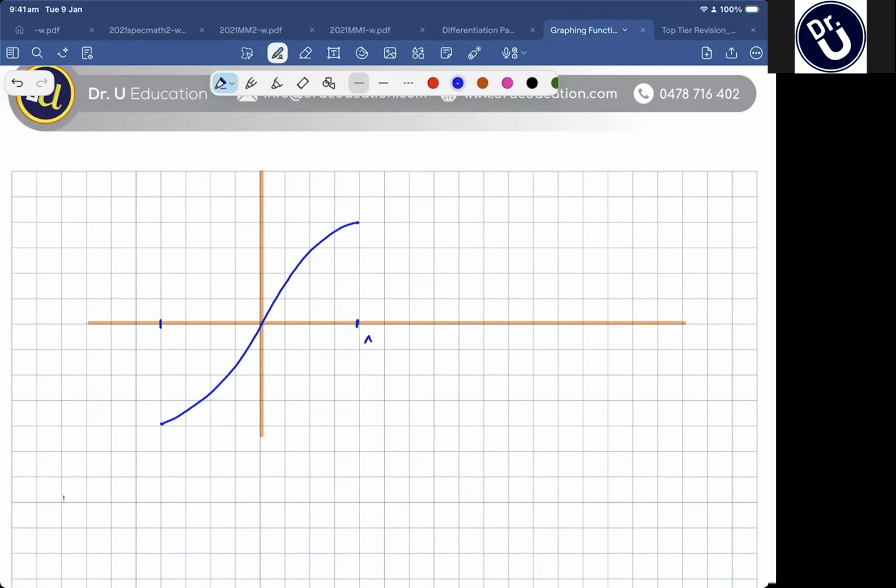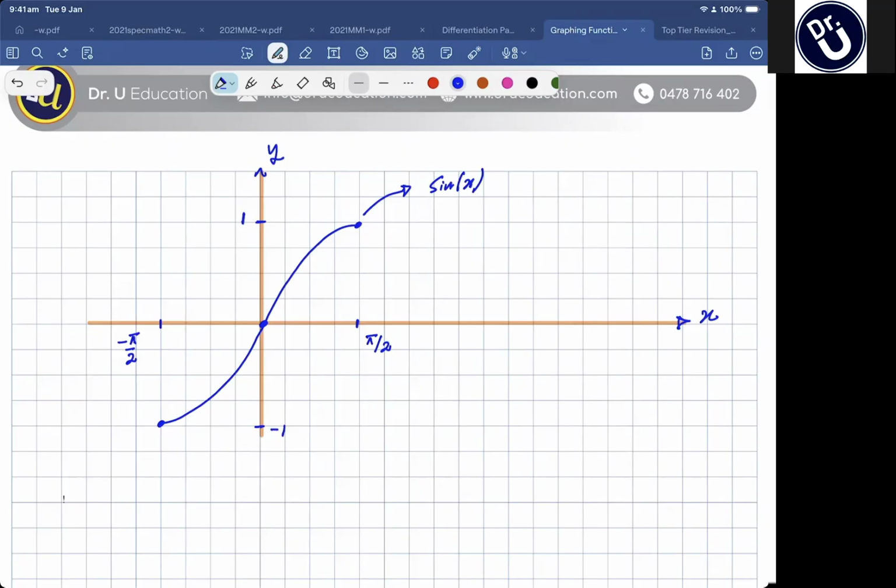This is going to be pi divided by 2. I will properly do that. Yeah, something like that. This is going to be pi divided by 2. This is going to be minus pi divided by 2. Right. So this is going to be 1 here. This is going to be minus 1. So this is our sine x curve.